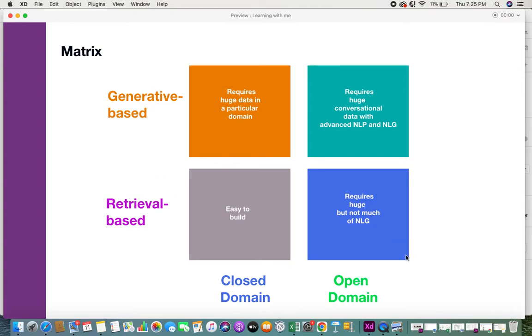Open domain and generative based is the toughest, and people are still working on this and evolving it, because it is like a person having the world's knowledge and being able to generate their own responses to different types of questions posed to it. This is a lot of effort, but each of the others has its own pros and cons.